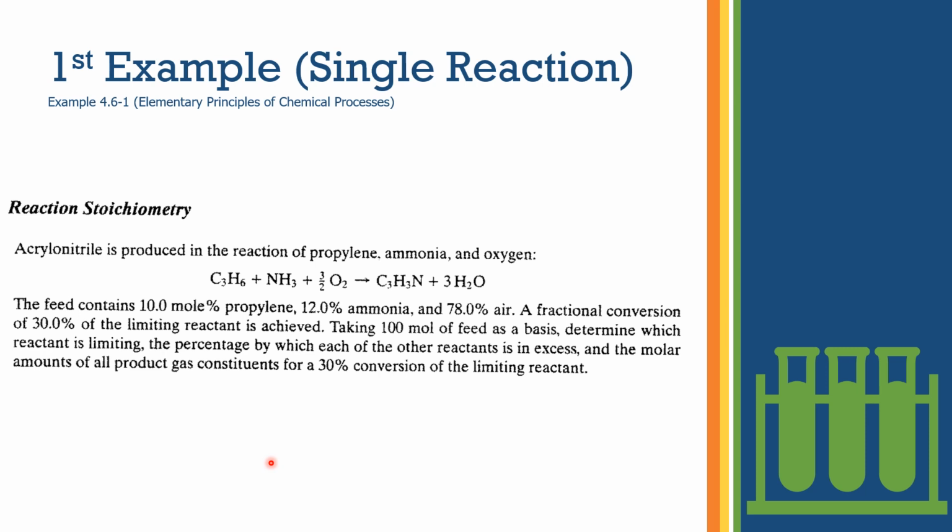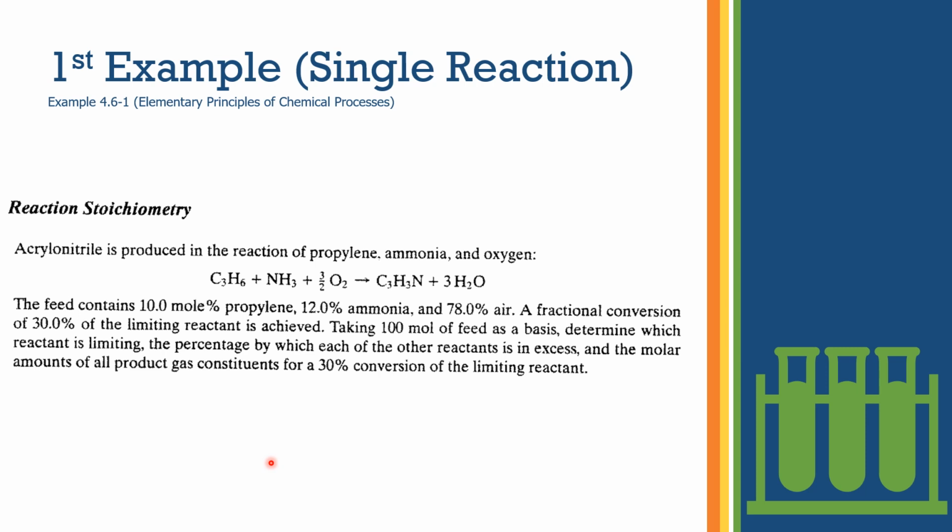A fractional conversion of 30% of the limiting reactant is achieved, taking 100 moles of feed as a basis. Determine which reactant is limiting, and also the percentage by which each of the other reactants is in excess, and the molar amounts of all product gas constituents for a 30% conversion of the limiting reactant.